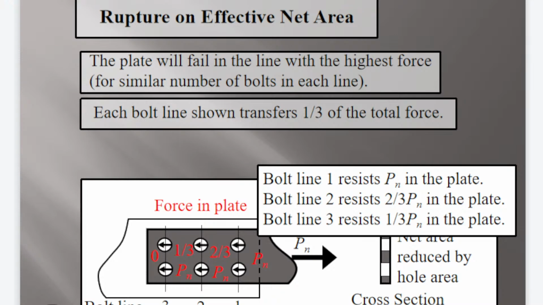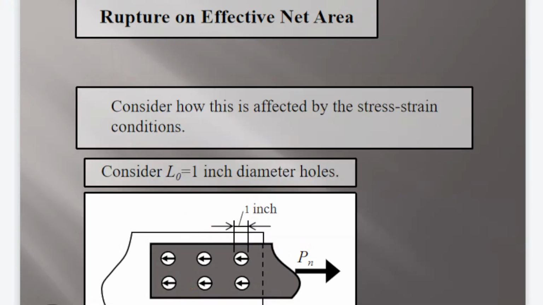We are talking of the plate. 2/3 PN in the plate and 1/3 PN in the plate, and actually after that, 0. So there are 4 in-between regions, in between bolt lines. It's very clear to us.